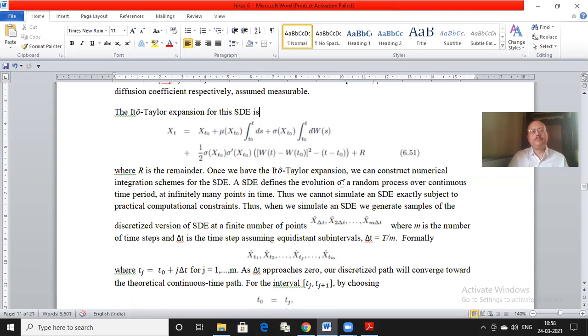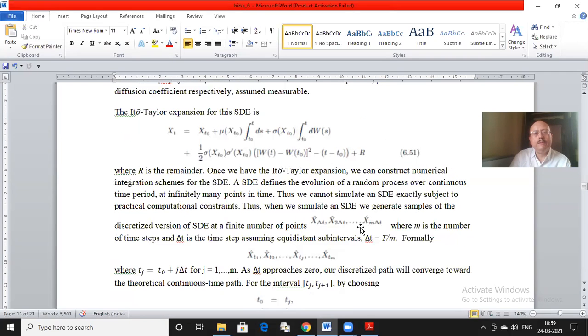But of course, this SDE defines the evolution of a random process over a continuous time period, t0 to T. So there are infinitely many points. So naturally, we cannot simulate an SDE exactly because of practical computational constraints. The computer is a finite machine, so I can only simulate the SDE at discrete time points.